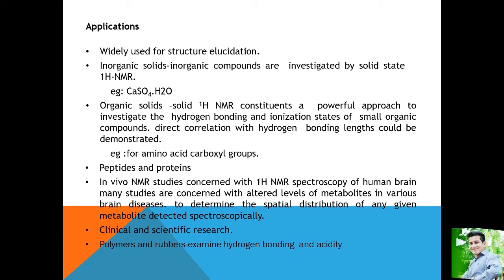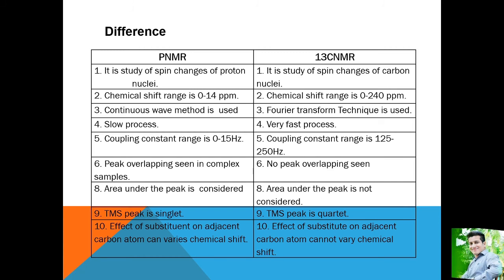We know the MRI of the brain or the spinal cord; in that technique, nuclear magnetic resonance has been used. It is also used for the determination of polymers and rubber, and to examine hydrogen bonding and acidity.